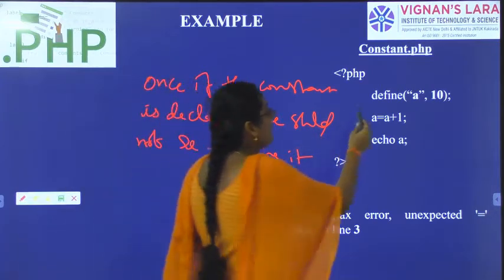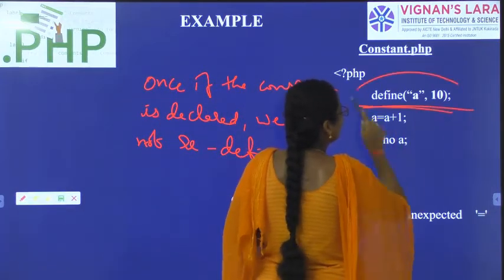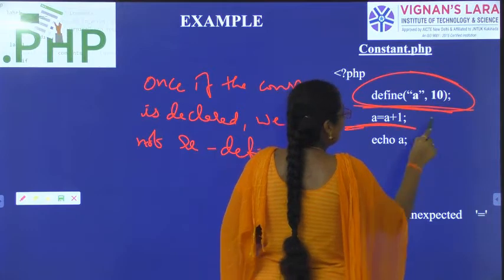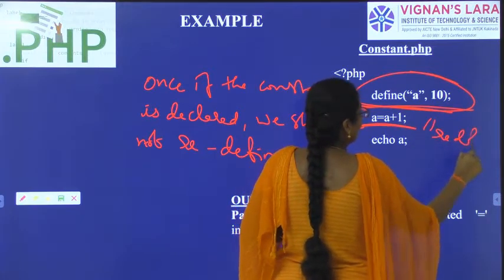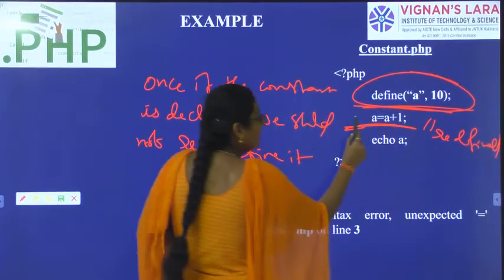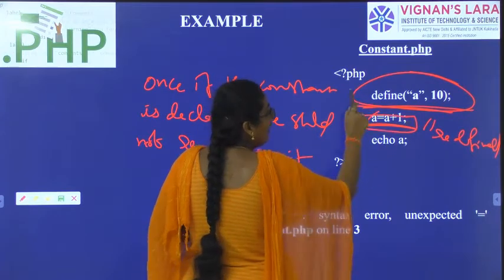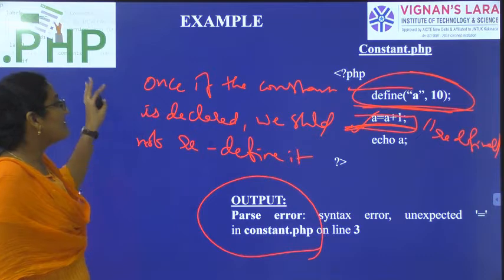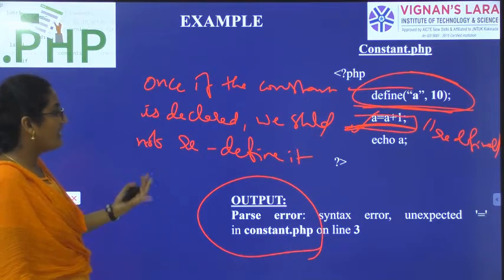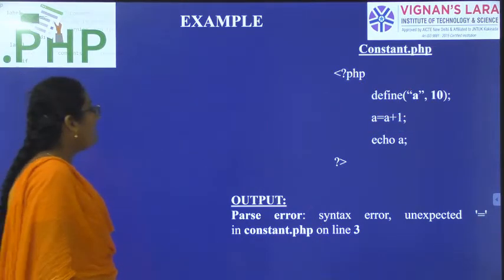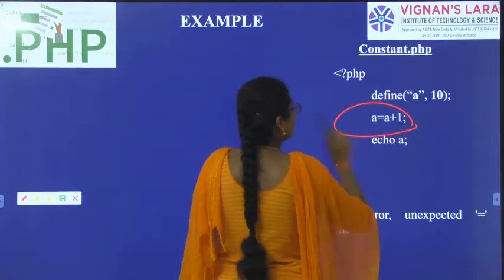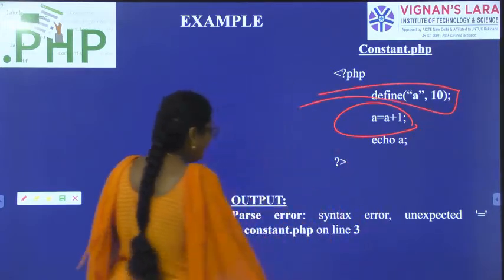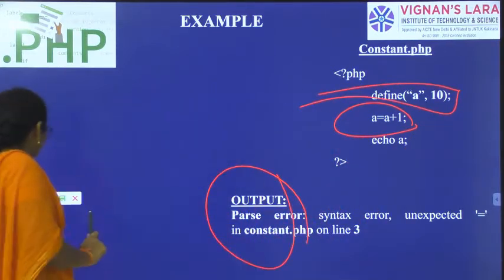Once the constant is declared, created using the syntax, it should not be redefined. If we redefine the constant second time after initialization, we will get the parse error. So once the constant is declared and initiated, it should not be redefined. In this example, the constant is redefined after initialization, so we got the parse error.